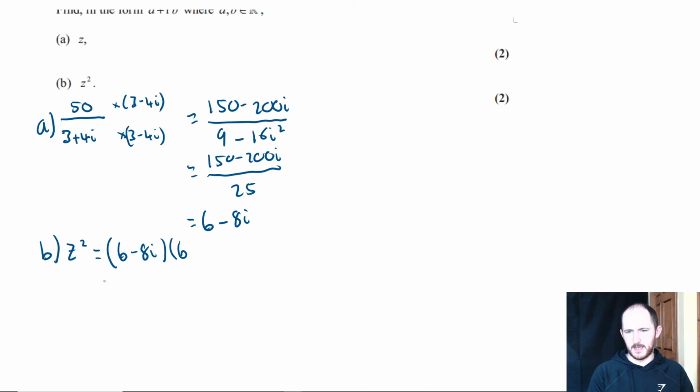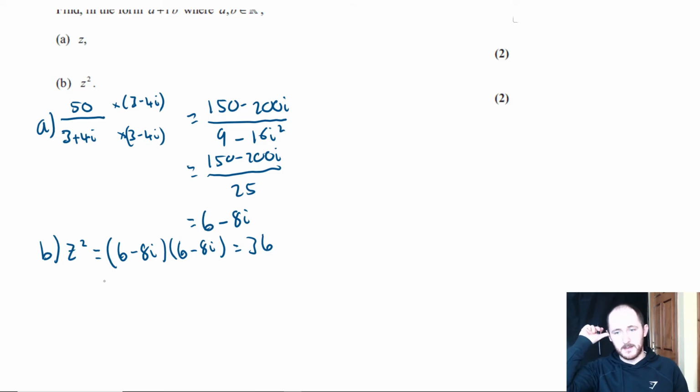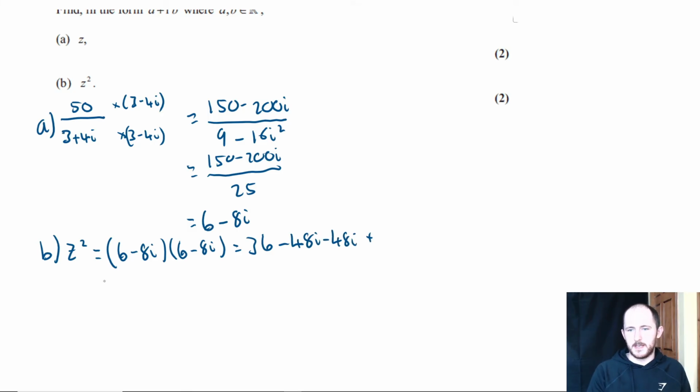We're just going to use the expression that they give us. 6 times 6 is 36, and then it would be minus 48i minus 48i, and then plus 64i squared, so that's now going to become minus 64. 36 minus 64 is minus 28, and then minus 96i, and that would be your answer for that.